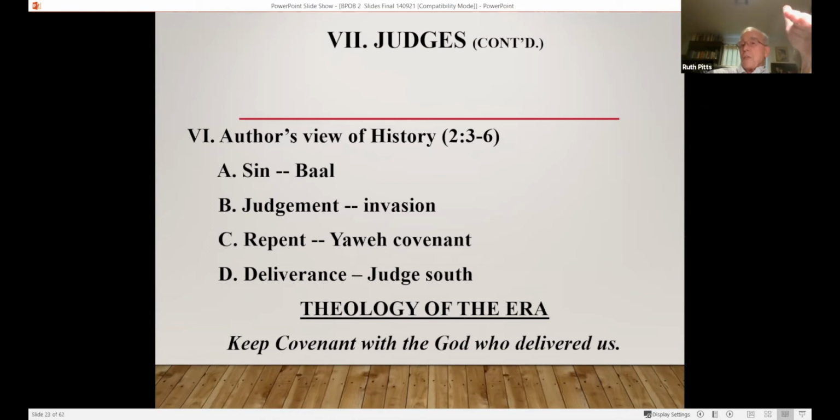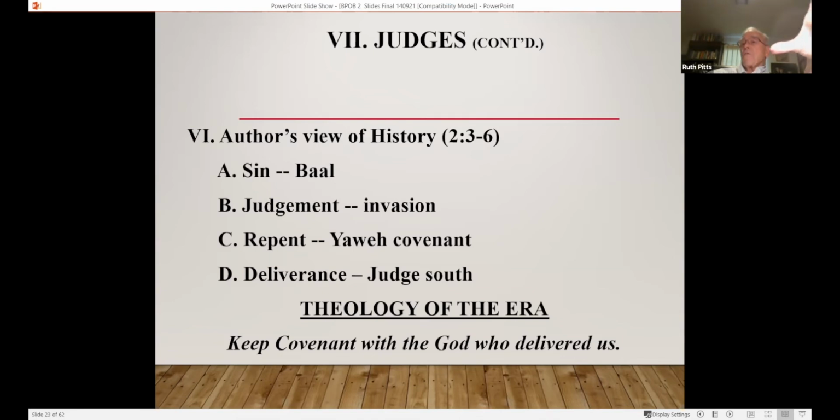People repent and come back to Yahweh. And so then God sends a judge. God sends a deliverer, one of these judges. And so they have peace, they have order again, and then the whole cycle begins again and again and again.